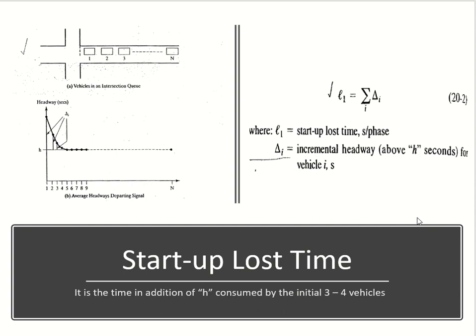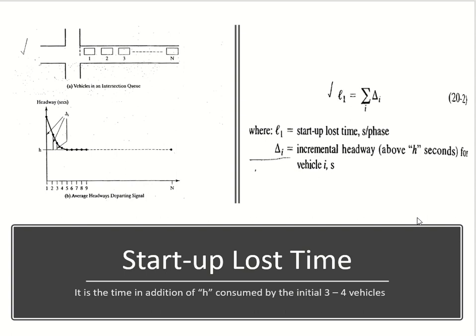As you go down the queue, for example you measure the headway between the first 2 vehicles, it will be some value. Between the next 2 vehicles, less. Next 2 vehicles, less. So as vehicles from the back of the queue arrive at the stop line, their headway becomes less. This is what it looks like.